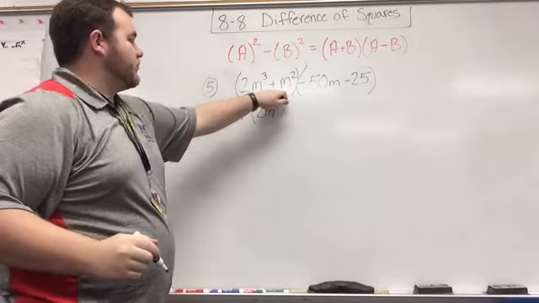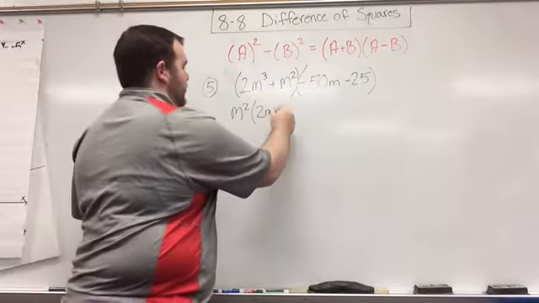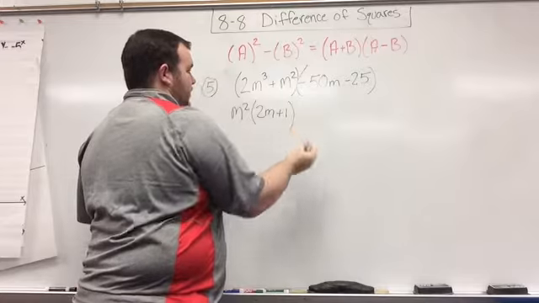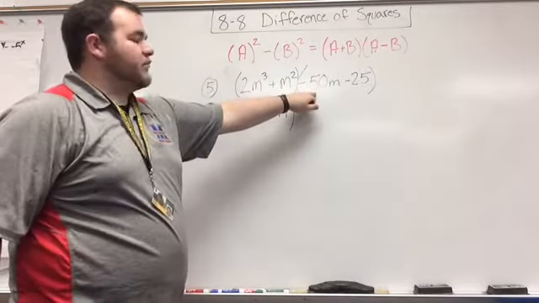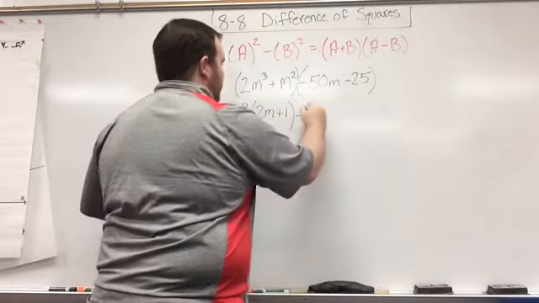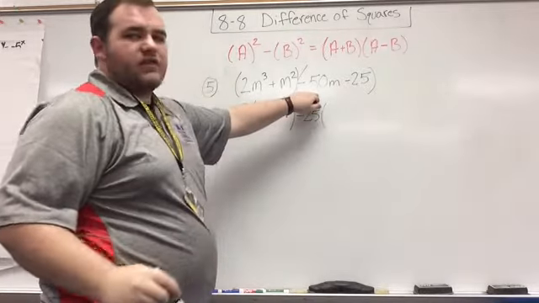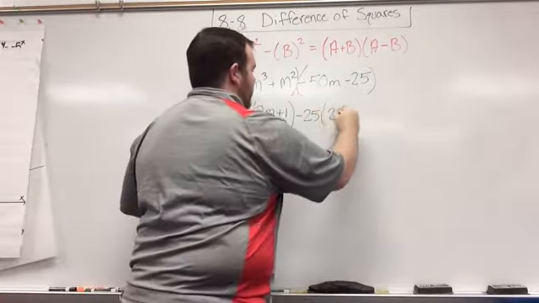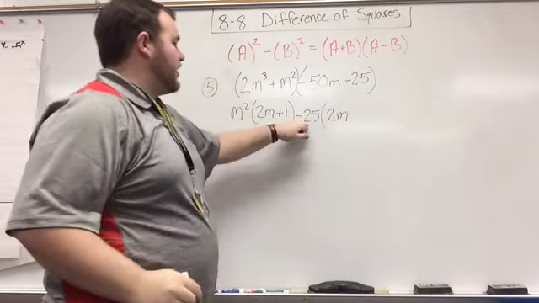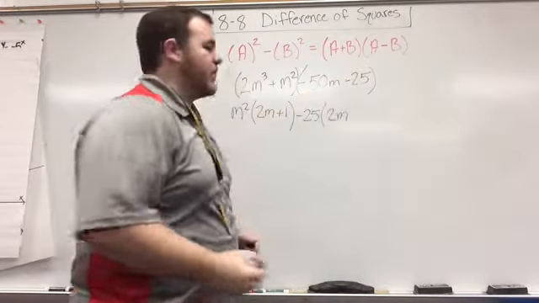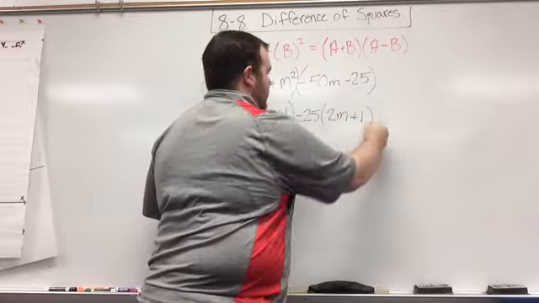And then m squared times what will give us m squared, we get plus 1. And then here we can factor out a negative 25. So minus 25. Negative 25 times what will give us 50m, we get 2m. And then negative 25 times what will give us negative 25, and there's just a plus 1.